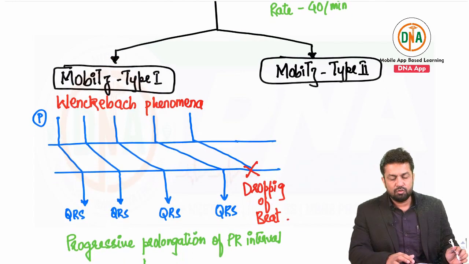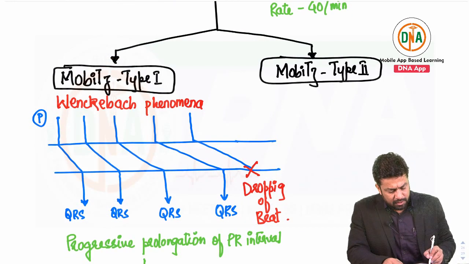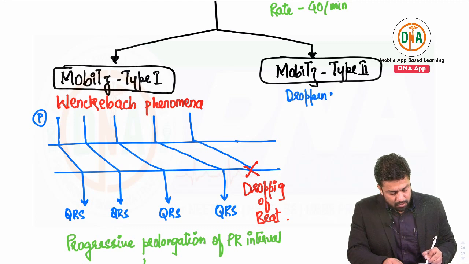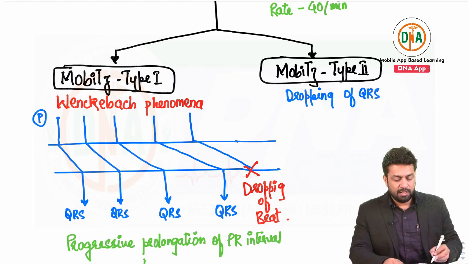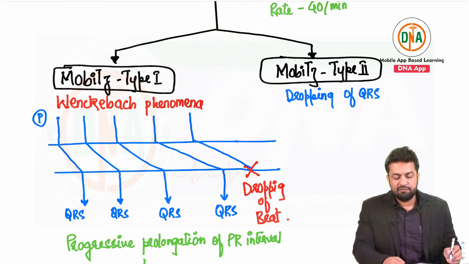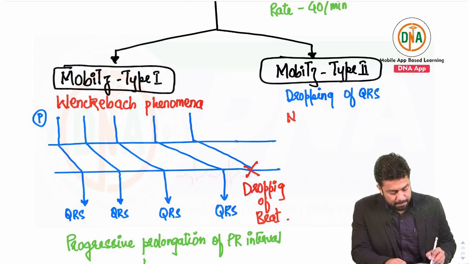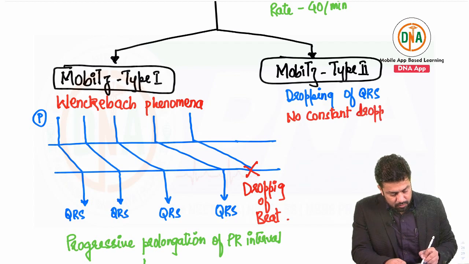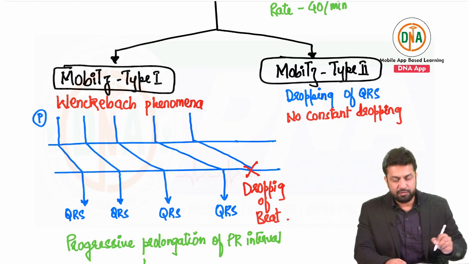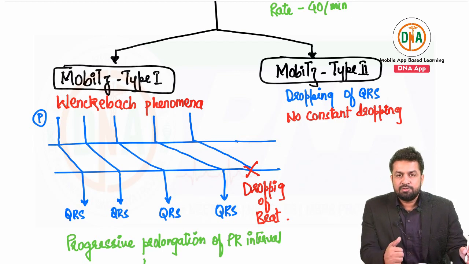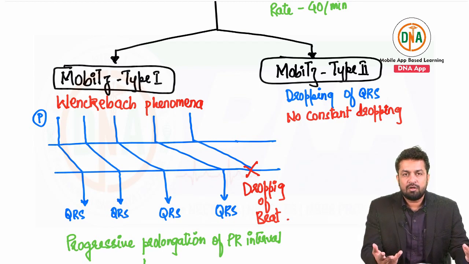In this, there is dropping of QRS, but no constant dropping, it's a variable dropping. Sometimes it will drop after 2 beats, sometimes after 3 beats, sometimes after 1 beat, then it might again drop after 10 beats.